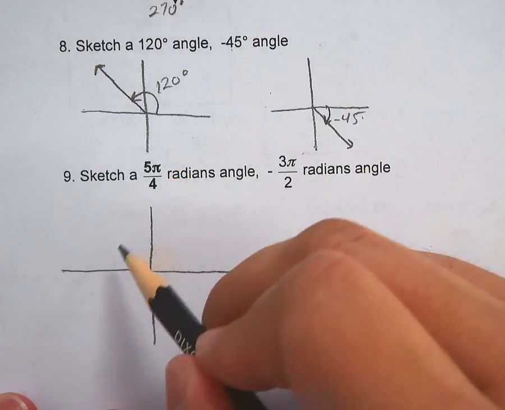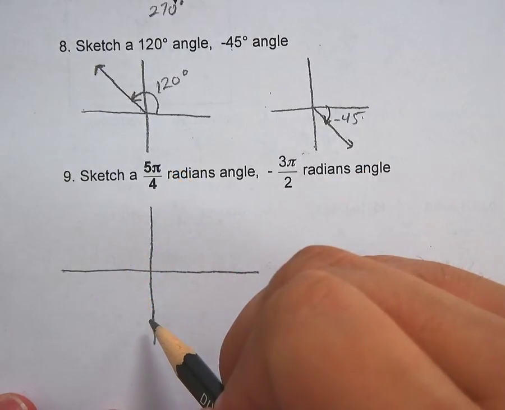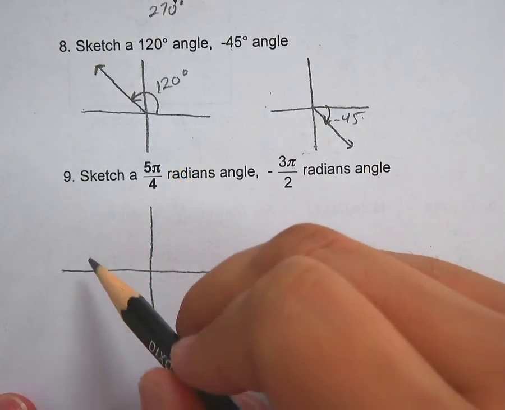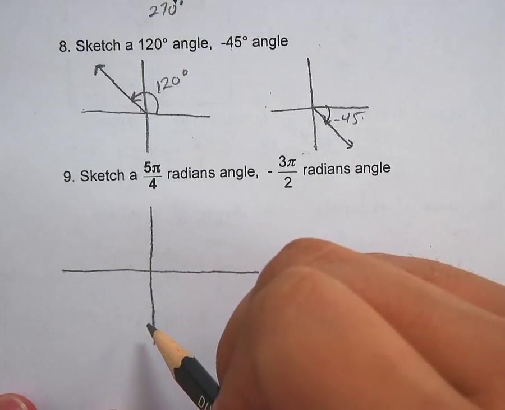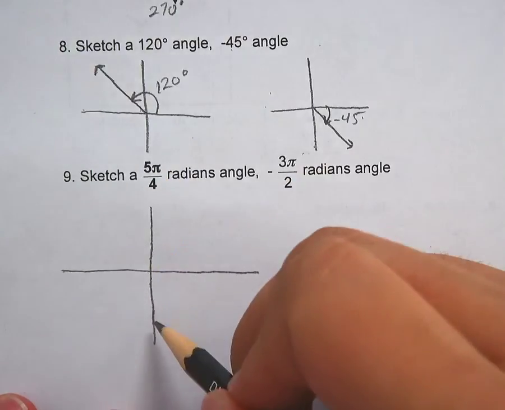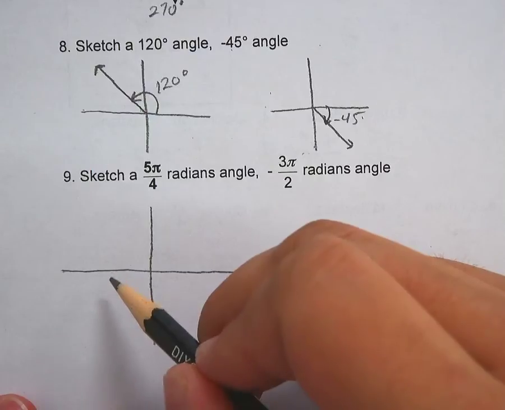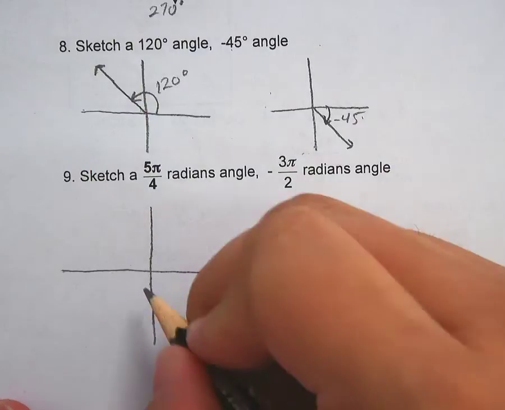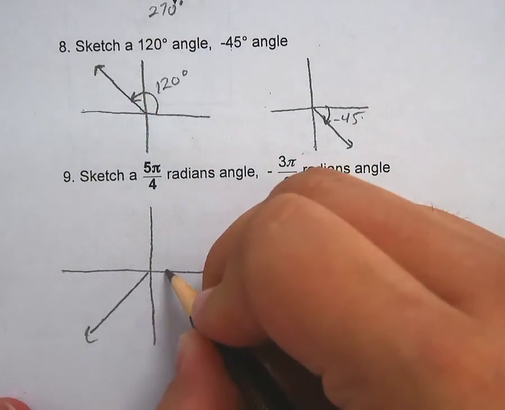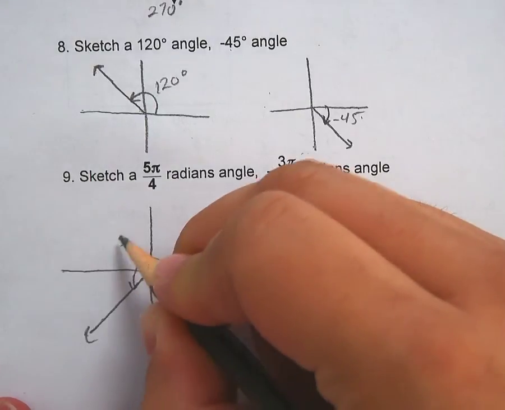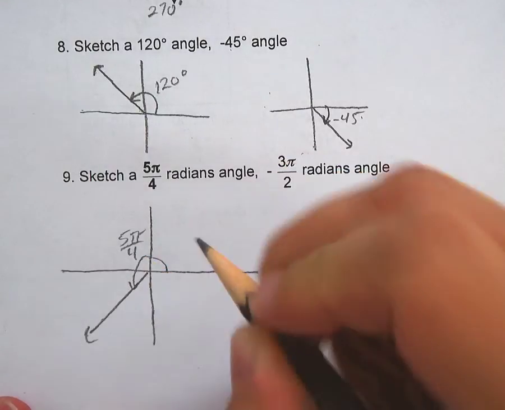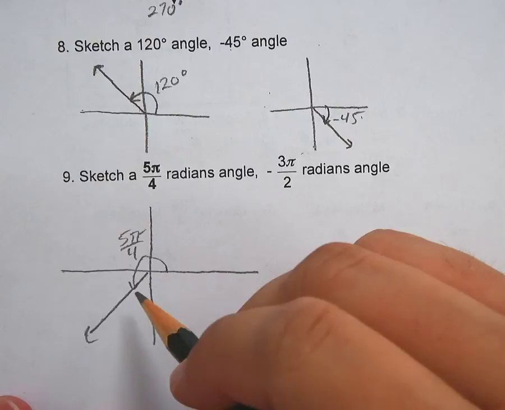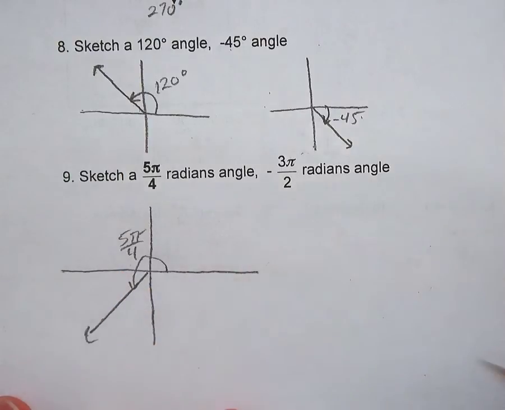But is it bigger than 1 1/2? In other words, is it bigger than 3 halves? 3 halves would be 6 over 4. So 5 pi over 4 is going to be somewhere in between 1 and 3 halves. Right here. Again, 5 over 4 is bigger than 1, so it's going to be down here.